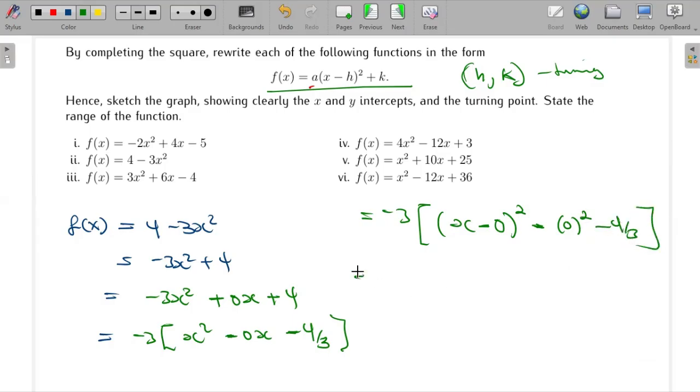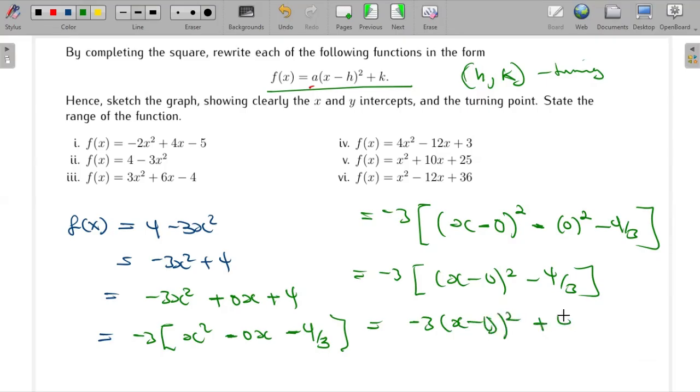So you have negative 3 times x minus 0 squared minus 4 over 3. Multiply by that negative 3, you get negative 3 times x minus 0 squared, plus positive 4.